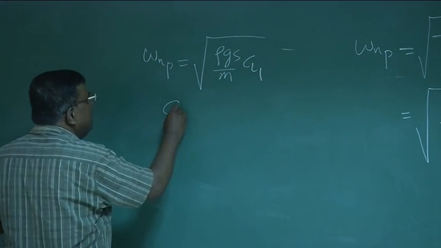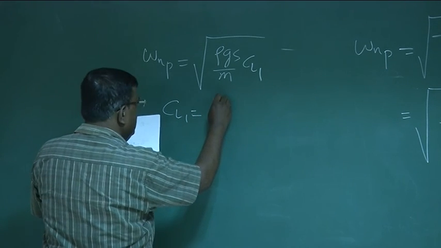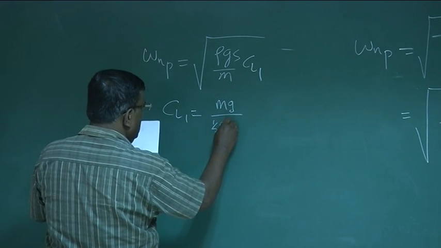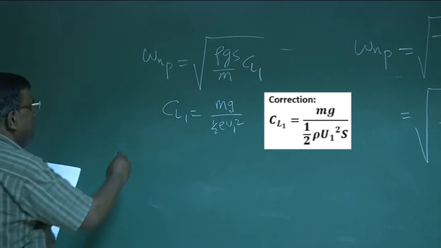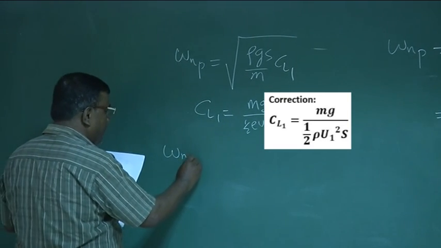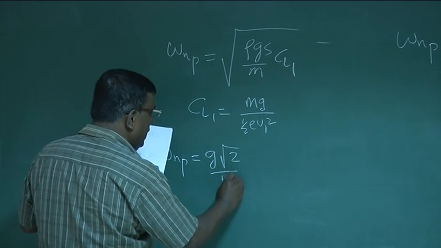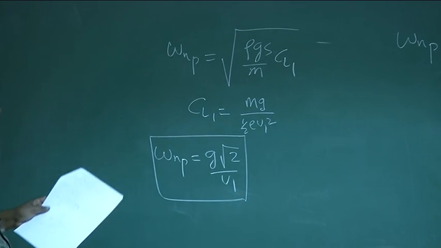And what is CL1? CL1 is nothing but W, or mg, by half rho U1 square. If I put in this expression, I get omega n Phugoid as G root 2 by U1. Could you see this?